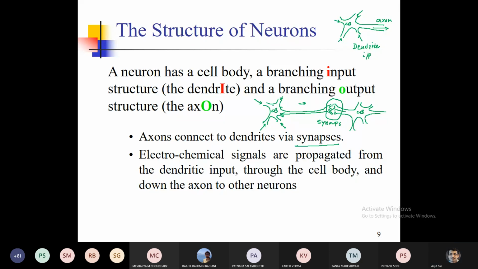So electrochemical signals are propagated through chemical state changes, and by virtue of this change, it may or may not be excited and correspondingly generate signals to other nodes.